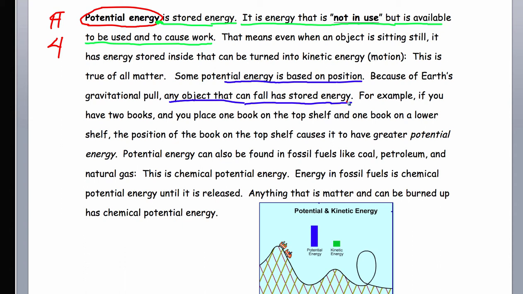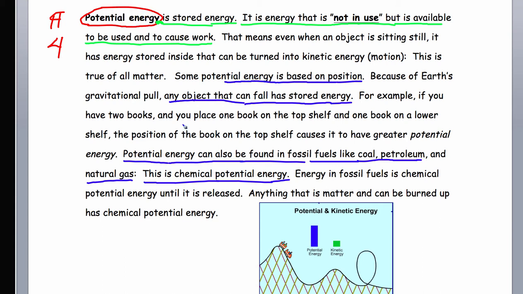So potential energy can also be found in fossil fuels like coal, petroleum, and natural gas. This is chemical potential energy, and just get your red marker, and we need to actually mark that in red as well.